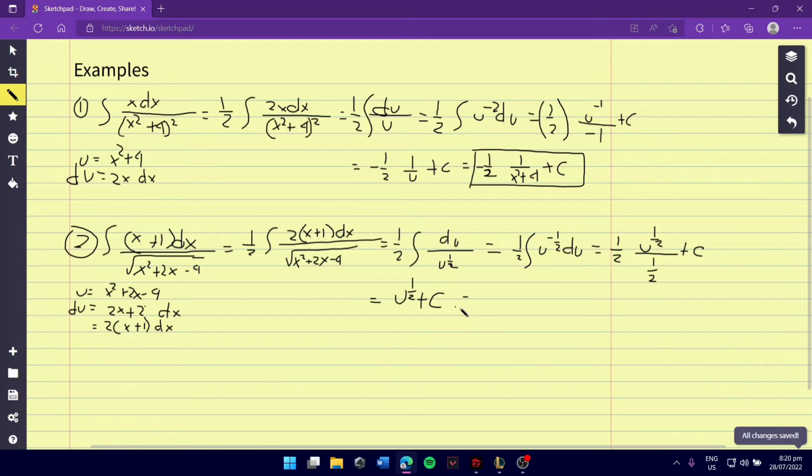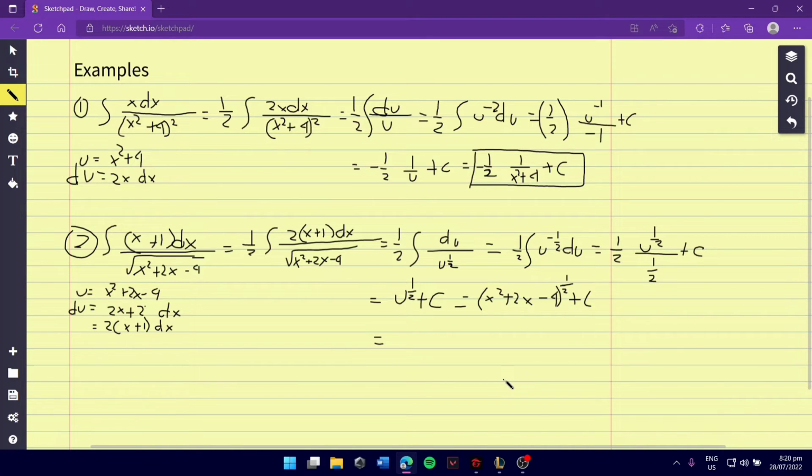So simplifying, substituting u, which is x squared plus 2x minus 4, this will become x squared plus 2x minus 4 raised to 1 half, right? And then add our c.